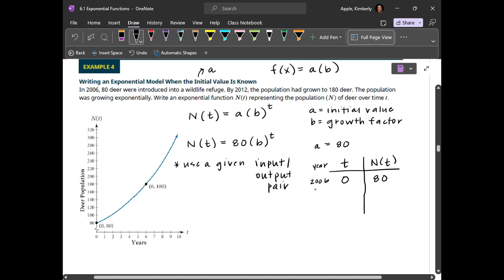Right, so the next input-output pair I have is going to be 2012 and 180 deer. But I need this in terms of T, which is years since 2006. And so T would be 6 in this case. So the input-output pair that I'm interested in is 6, 180.